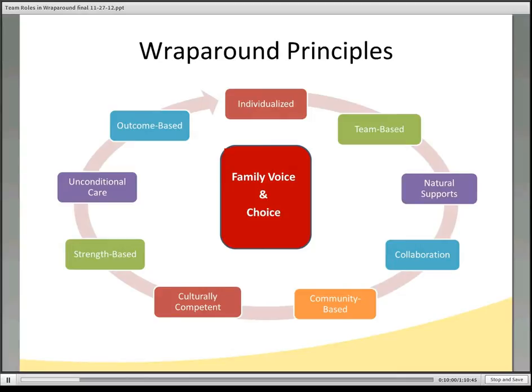And remembering that just because a family or a youth gets a service, it doesn't mean that the need is being met. And sometimes we confuse those things. And so we really want to be purposeful in checking in and monitoring within the team process, and asking the family, are things getting better? Are behaviors changing? And are we closer to need met? And are we closer to their vision being attained?